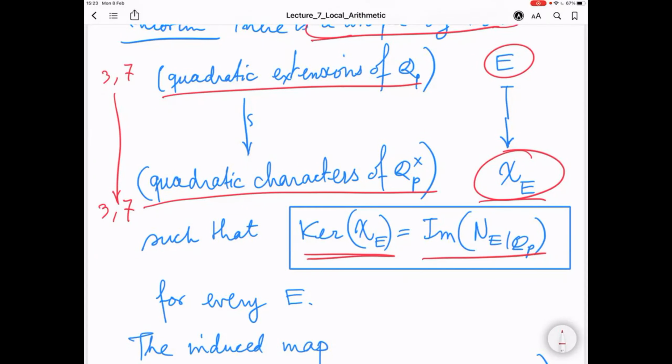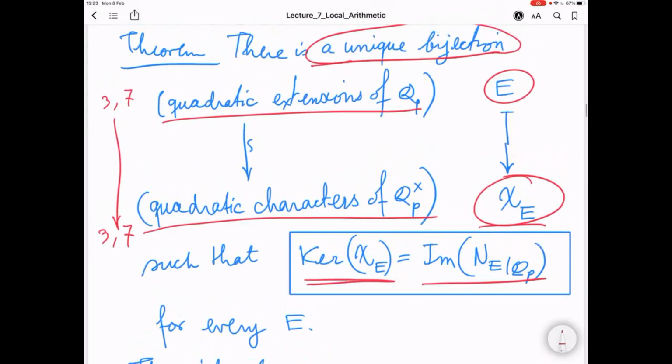That is the requirement. Allow yourself a few seconds to internalize this statement. You have these two sets.